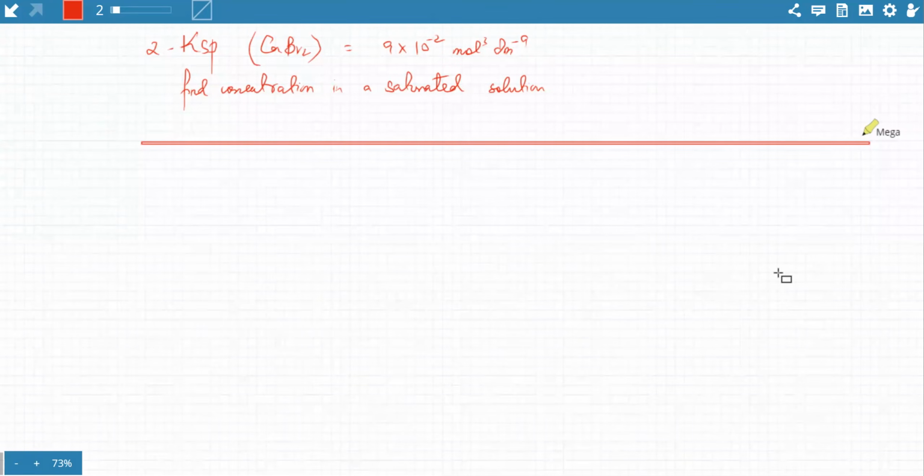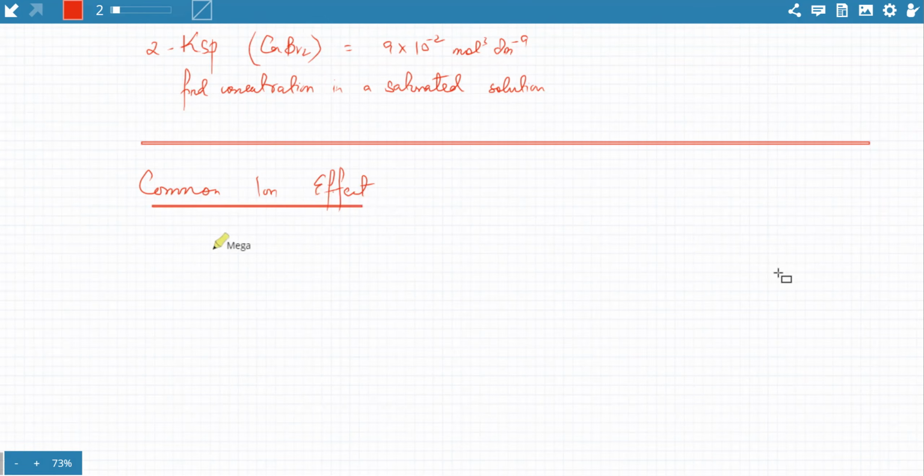So there's a thing called common ion effect. Now, common ion effect is that the solubility of a substance decreases due to the presence of a common ion.